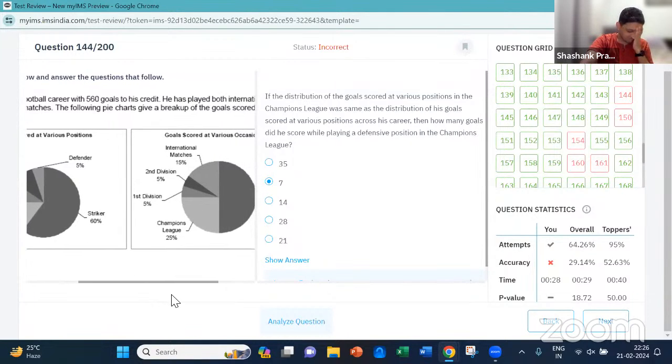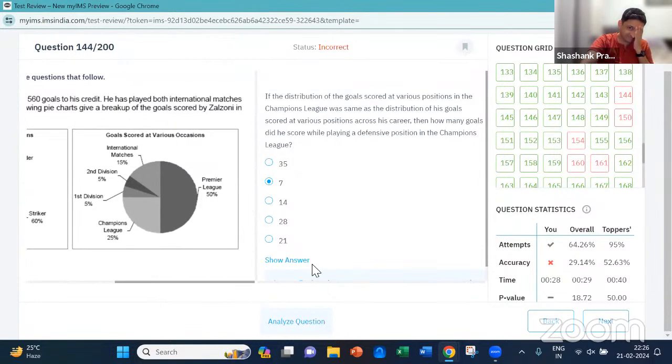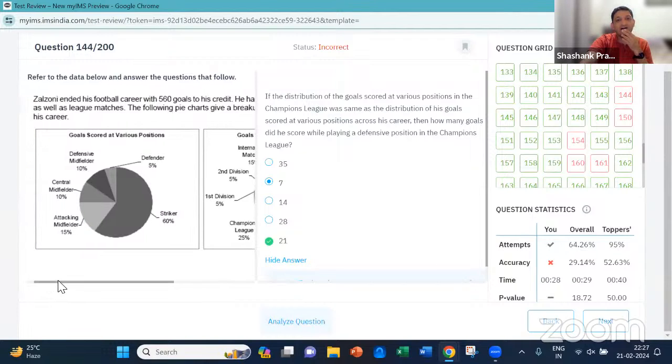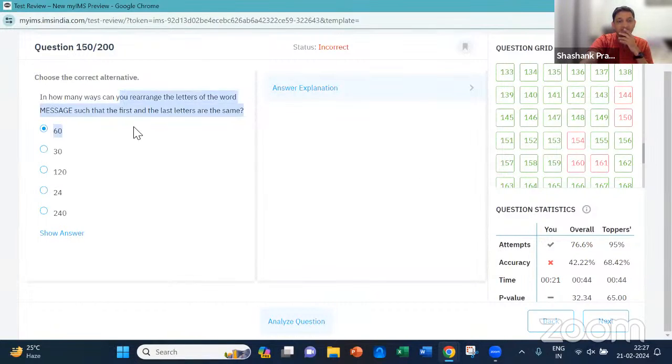Oh, 35. 20 होने लगा. Okay, एक सेकेंड ना. 15% है. Yep, defensive midfielder and defender and defensive position. Nice. I didn't read it properly. 150. ये कैसे गड़बड़ हो गया?